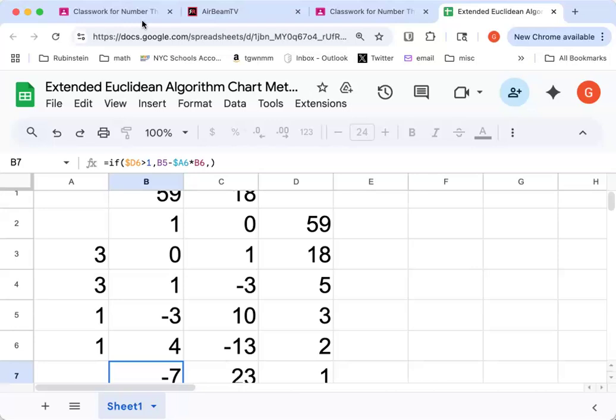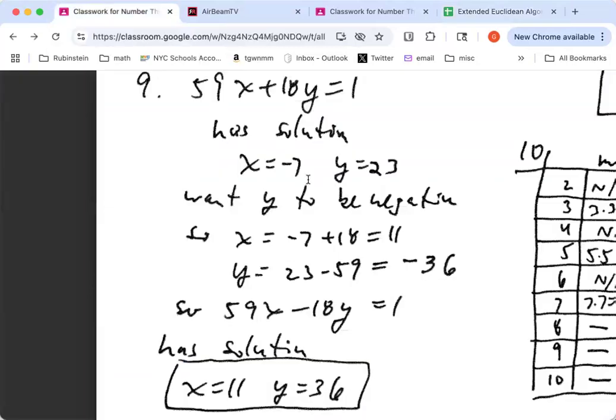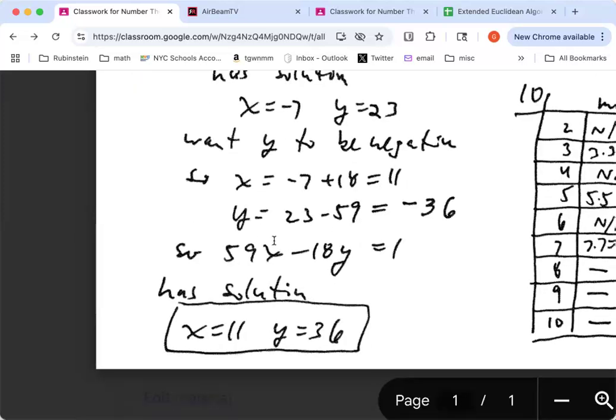So I had to take these two numbers, the -7 and 23, and create the alternate answer, the answer where the x is positive and the y is negative. So I added 18 to x because it's 18y, and I subtracted 59 from 23. That's the other thing that we did, and that's where the 11 and 36 came from.